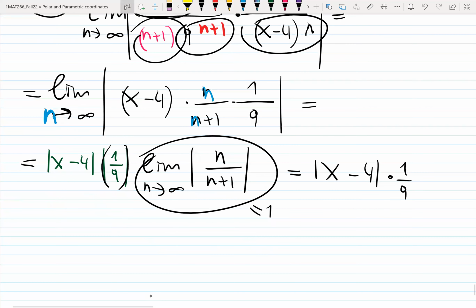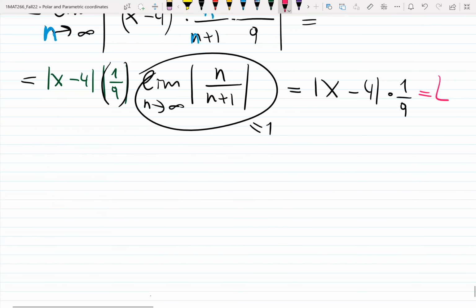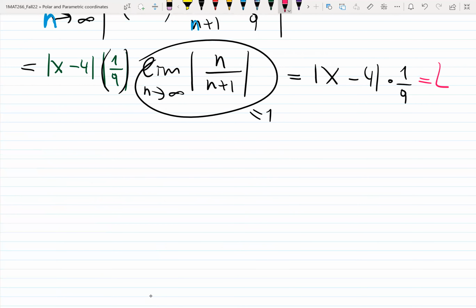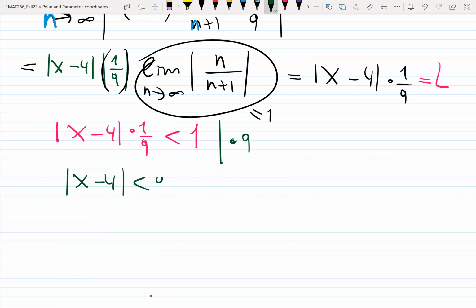That is L. In order to converge, this L has to be less than 1, which means x minus 4 multiplied by 1/9 has to be less than 1 by absolute value. Solve for x, multiply by 9. The absolute value of x minus 4 has to be less than 9.